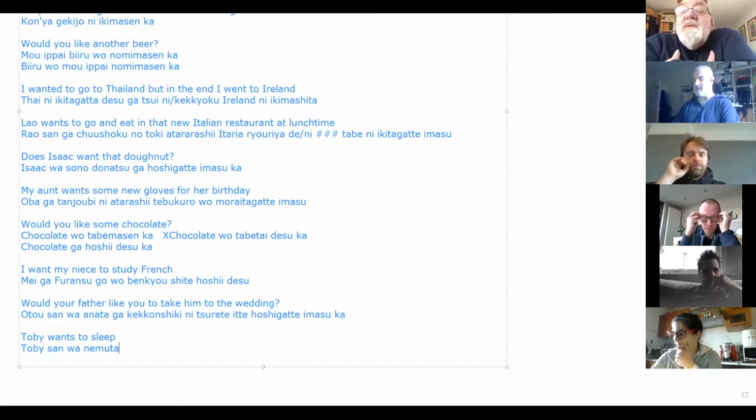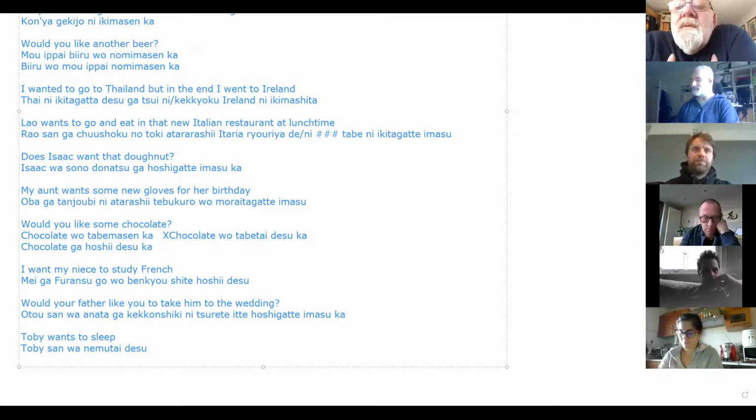But nemutai, of course, this means something similar, which is, what does it mean? He wants to sleep. Yeah, exactly. It means Toby wants to sleep. But nemutai in this case is actually an e adjective, isn't it?